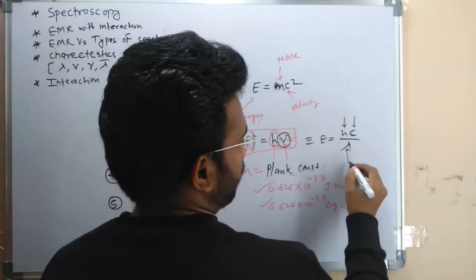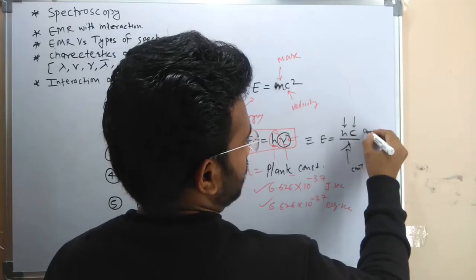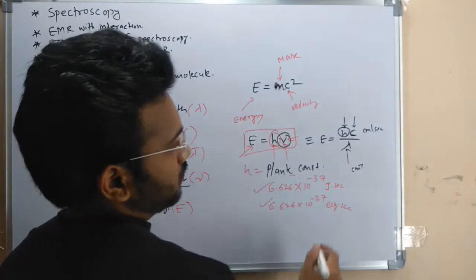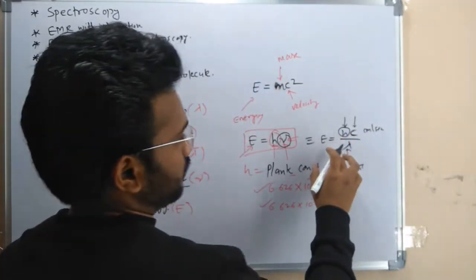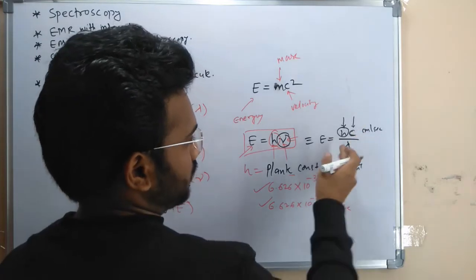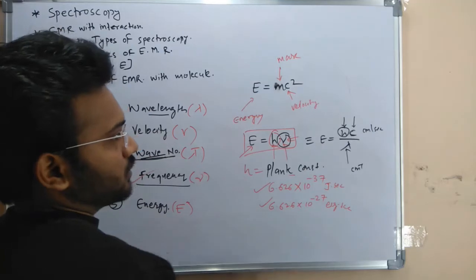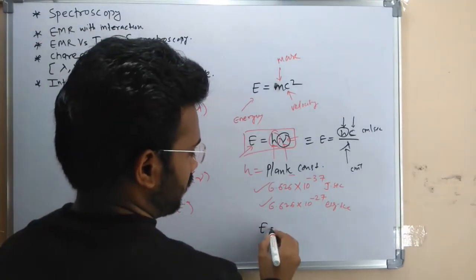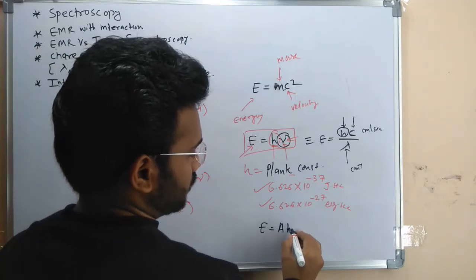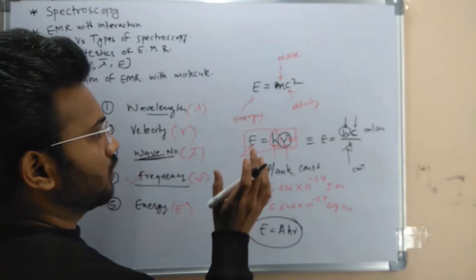The unit for wavelength is per centimeter, and for velocity centimeter per second. For the Planck constant, we can calculate the unit by shifting the wavelength and velocity to the left side. Energy can also be written as Avogadro number into h nu.